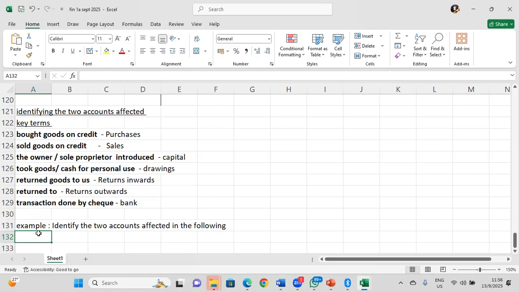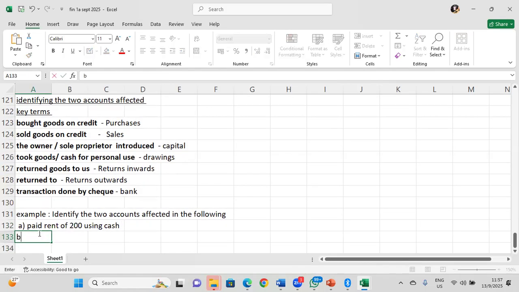Okay, the first one. A, paid rent of 200 using cash. B, bought goods on credit from TYS of 400.